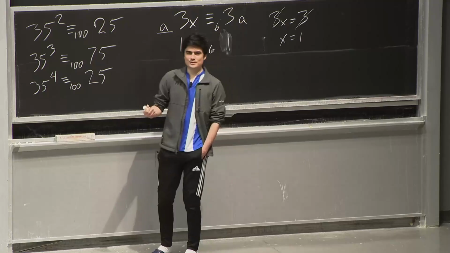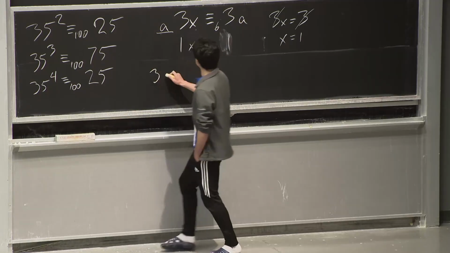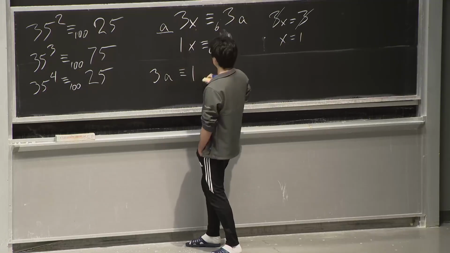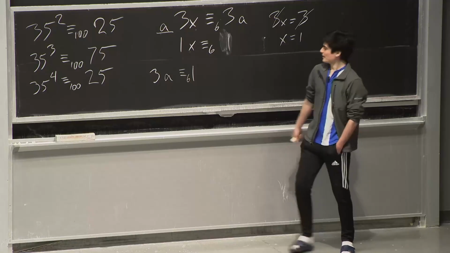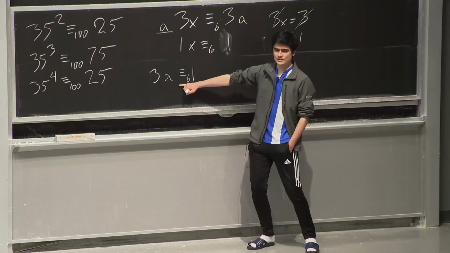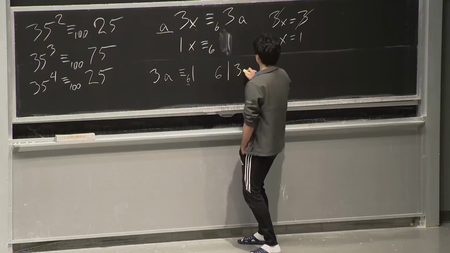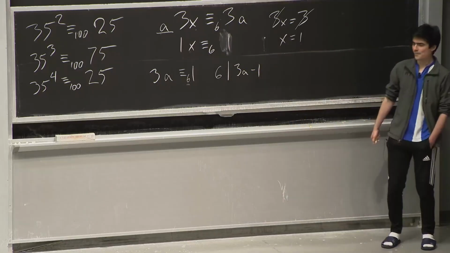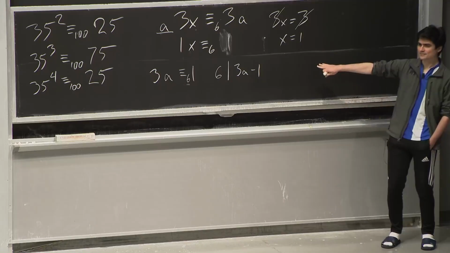This is basically the same thing that we were doing last week. We're looking for a solution to 3a is congruent to 1 modulo 6. If we unpack what this actually means, 6 divides 3a minus 1. Is there a solution to this?